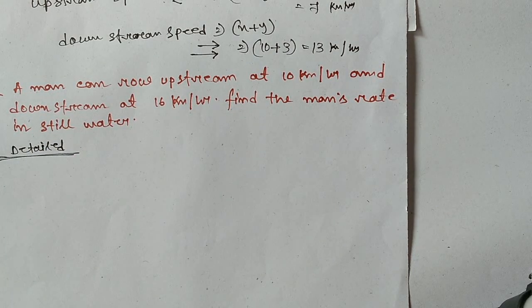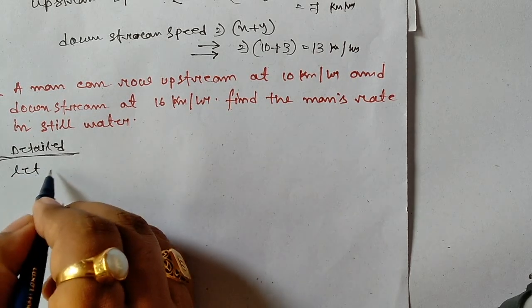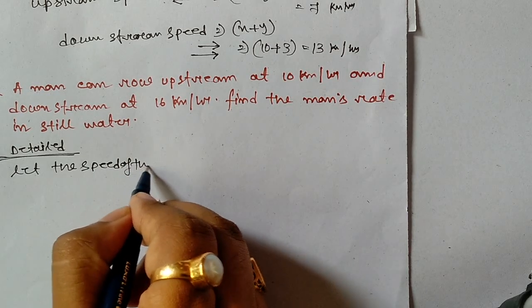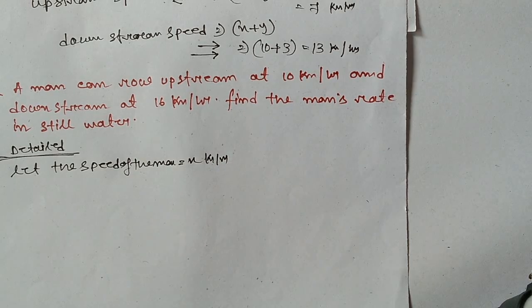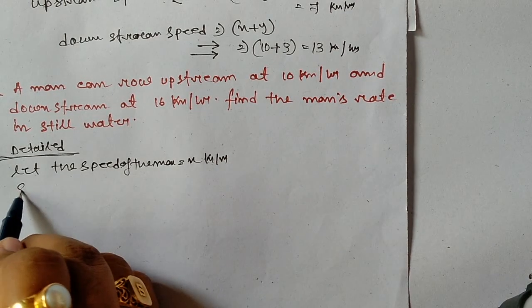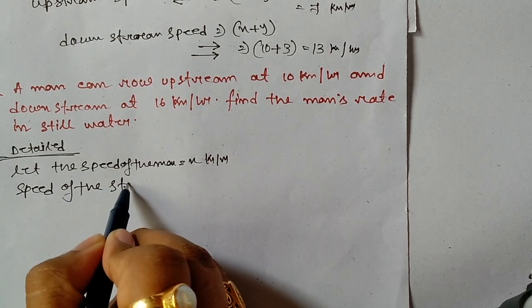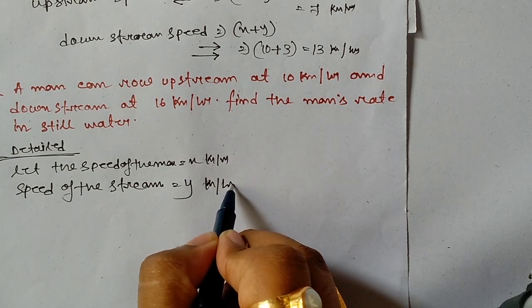In the detailed method, let the speed of the man be x kilometer per hour, and the speed of the stream be y kilometer per hour.